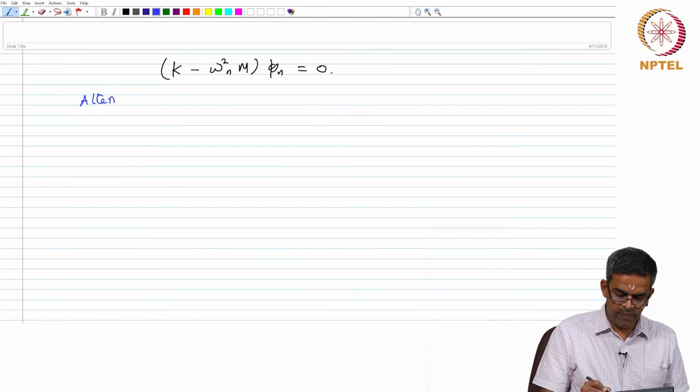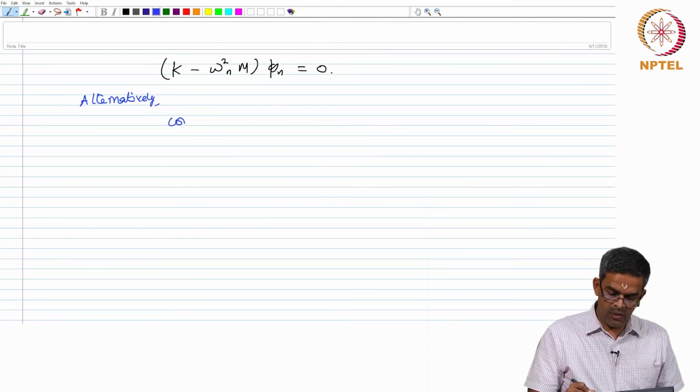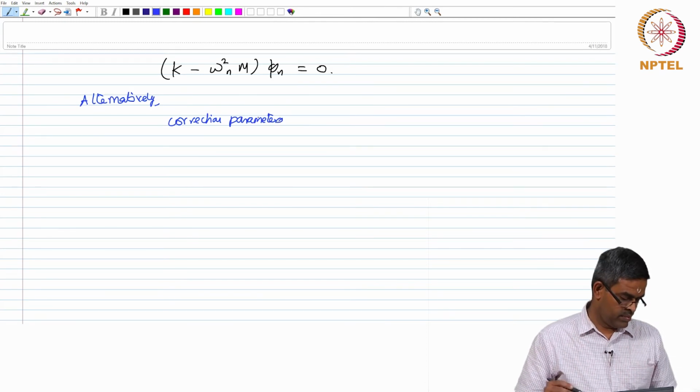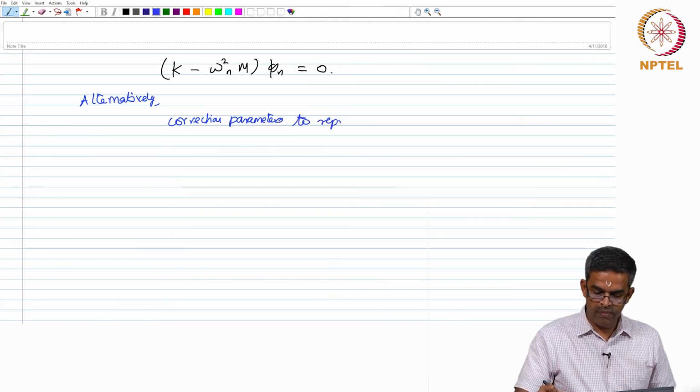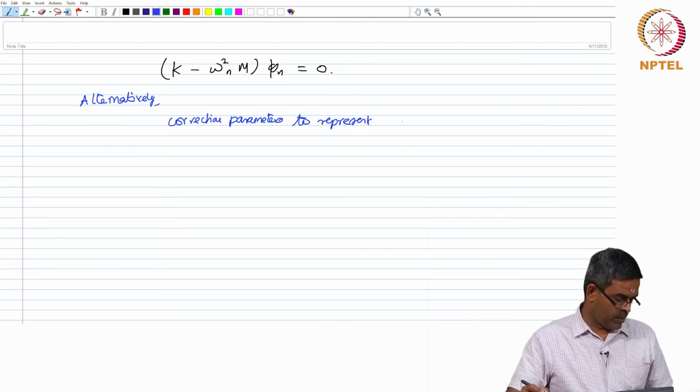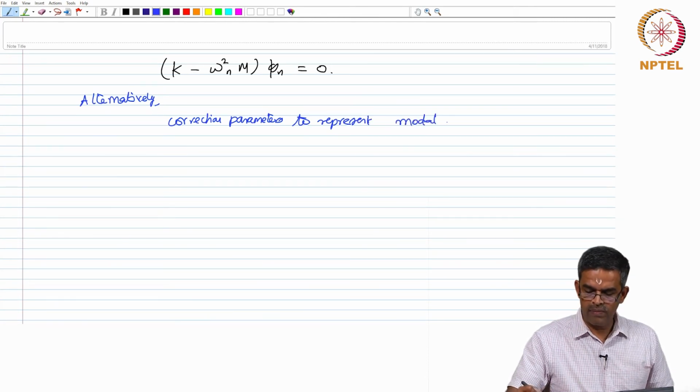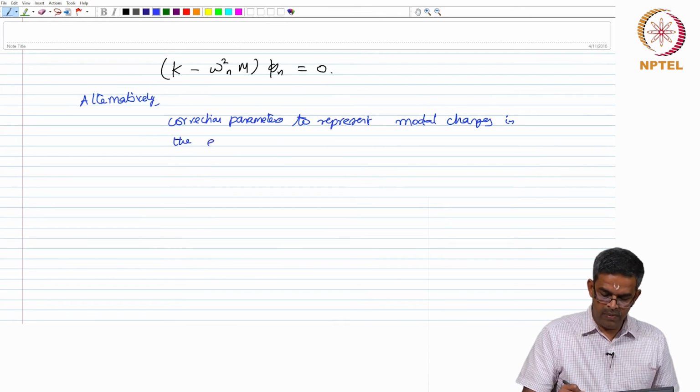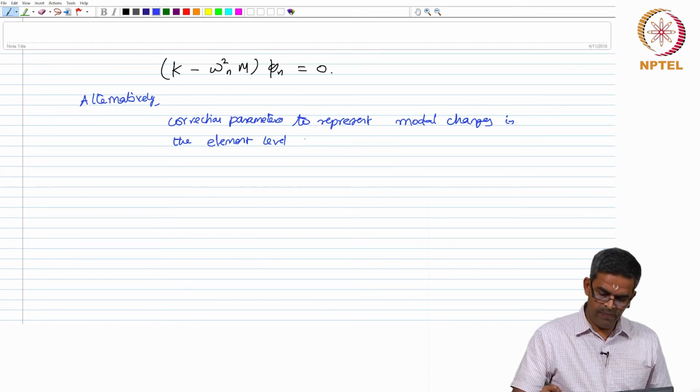Alternatively, one can use correction parameters to represent the modal changes in the element level of the structural system.